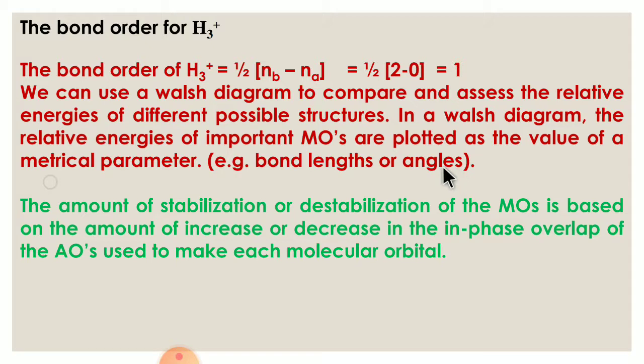The Walsh diagram of the H3 plus ion is shown in the next slide. The amount of stabilization or destabilization of a molecular orbital is based on the amount of increase or decrease in the in-phase overlap of the atomic orbitals used to make each molecular orbital.